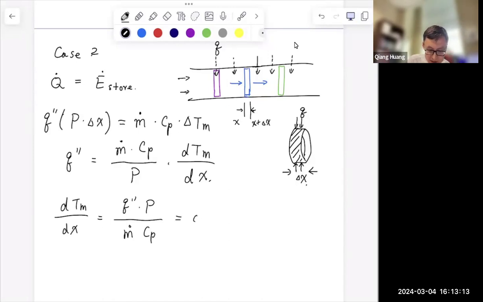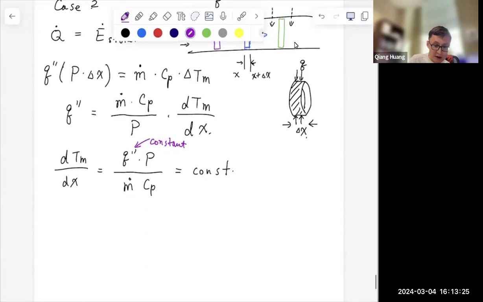And this is a constant, because q is a constant. Therefore, everything becomes a constant, and once this is constant, you can integrate. As you can see, if something's derivative equals a constant, then Tm is a linear function with respect to x.